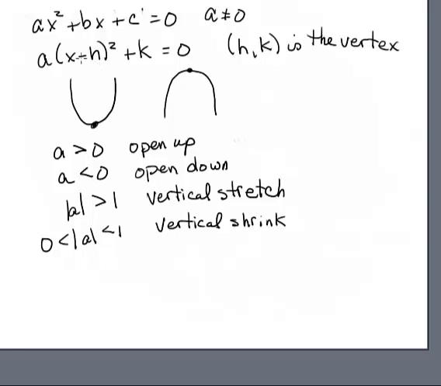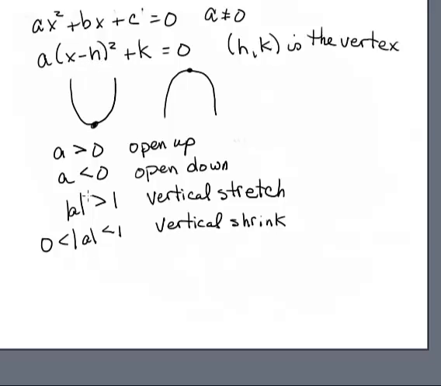Or if this were x plus h, again, it moves opposite. It's going to move to the left. So we could graph just a simple ax squared, and then we could shift it left or right if there's some other number in here besides just x squared.